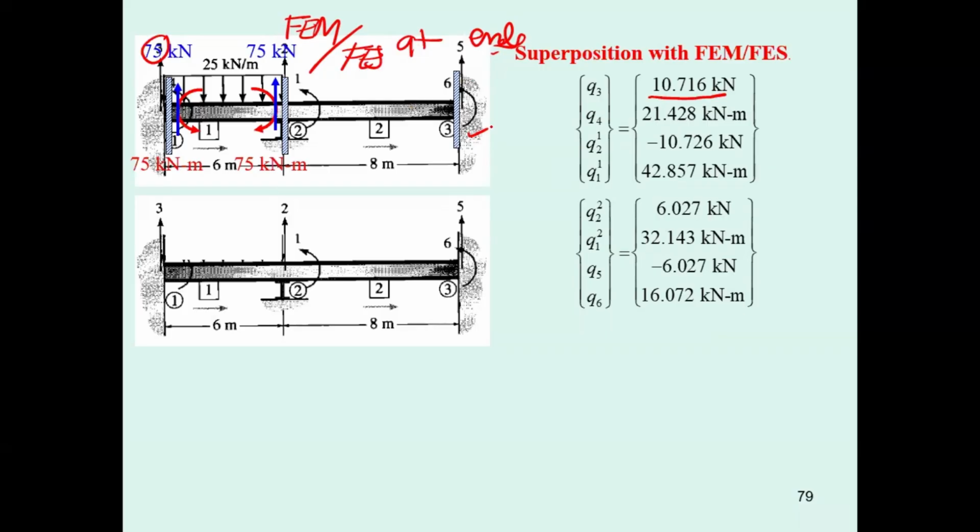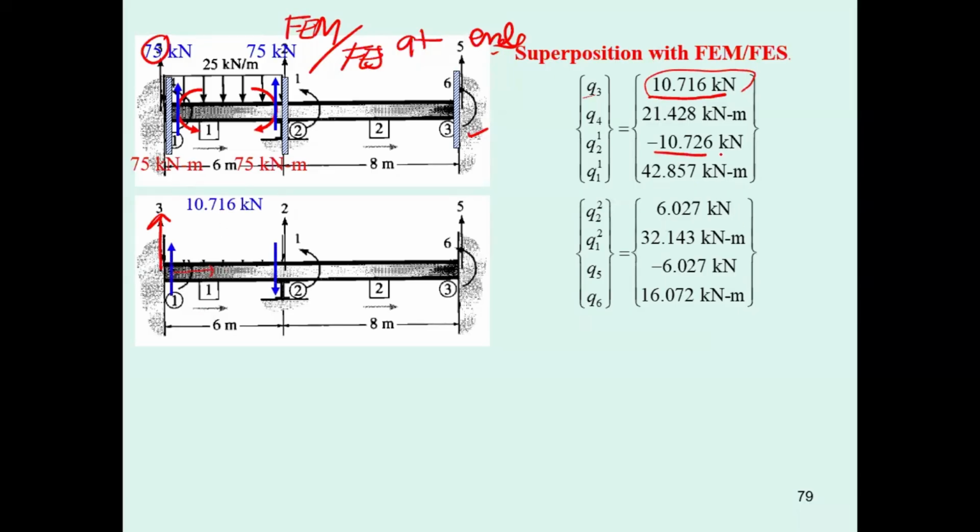We didn't do it yet because in step number 2, we reversed it and used it in step number 3 for capital Q sub K. And an important thing, this is 10.716. This is in this direction. So this is going to be the force 10.716.